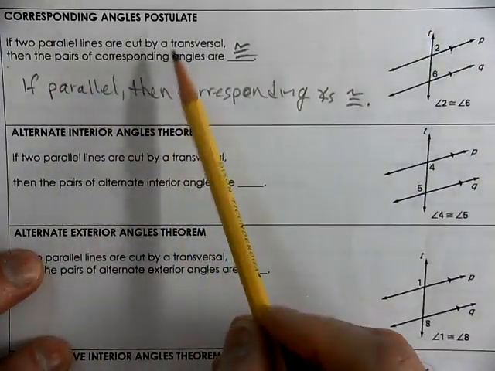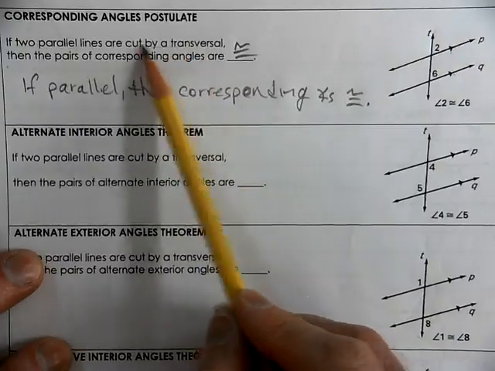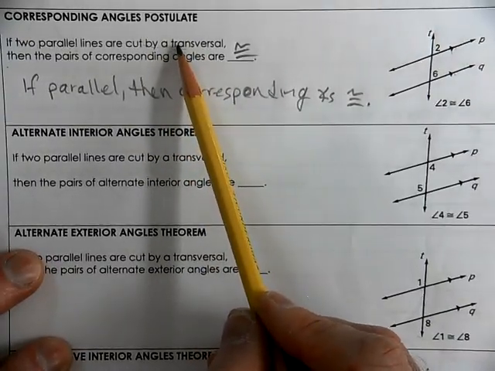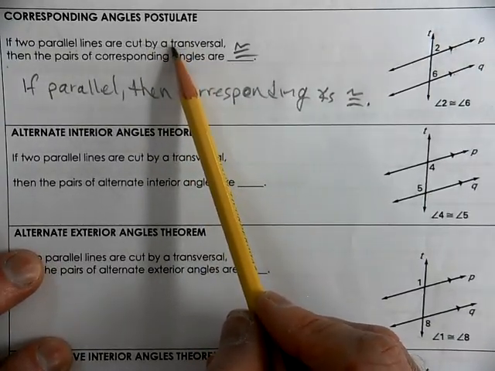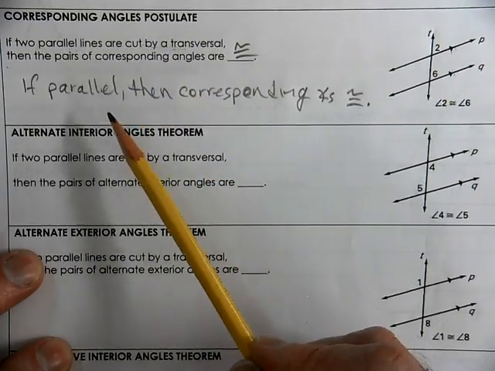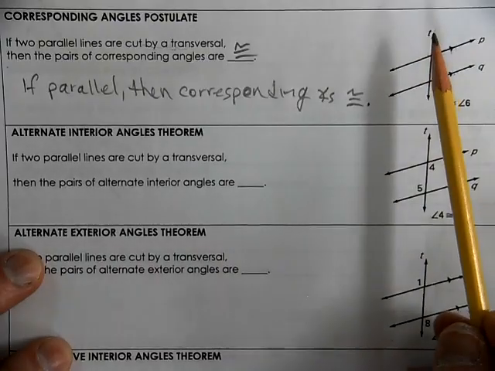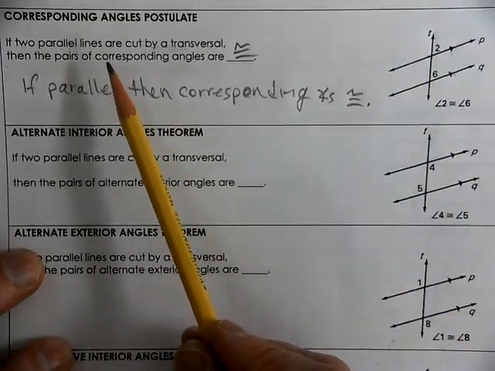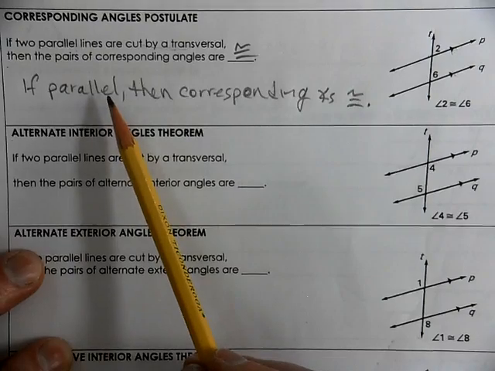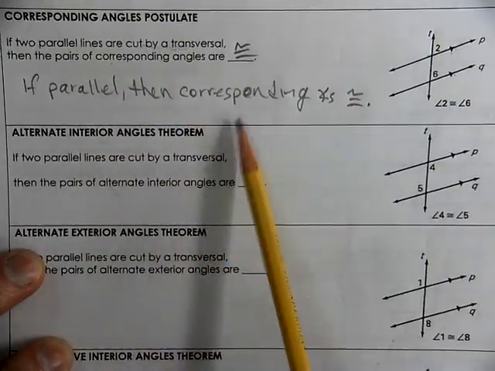What I'm showing you is you can get rid of this whole transversal part. I'm trying to make it as short and quick as we can. If you have parallel lines and you're creating angles, you've got to have a transversal. What you do have to do, you have to name the angle.